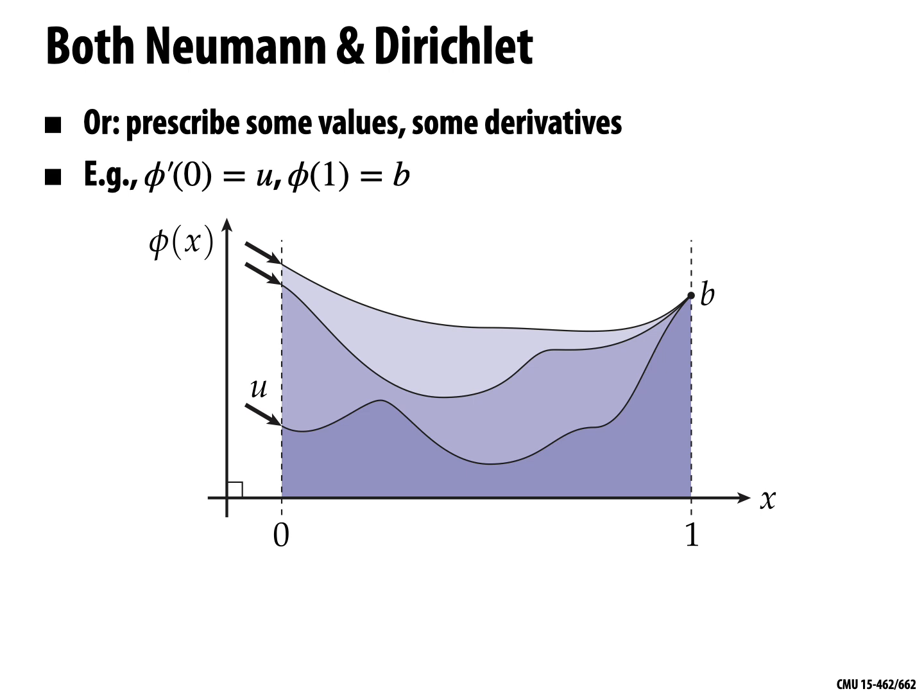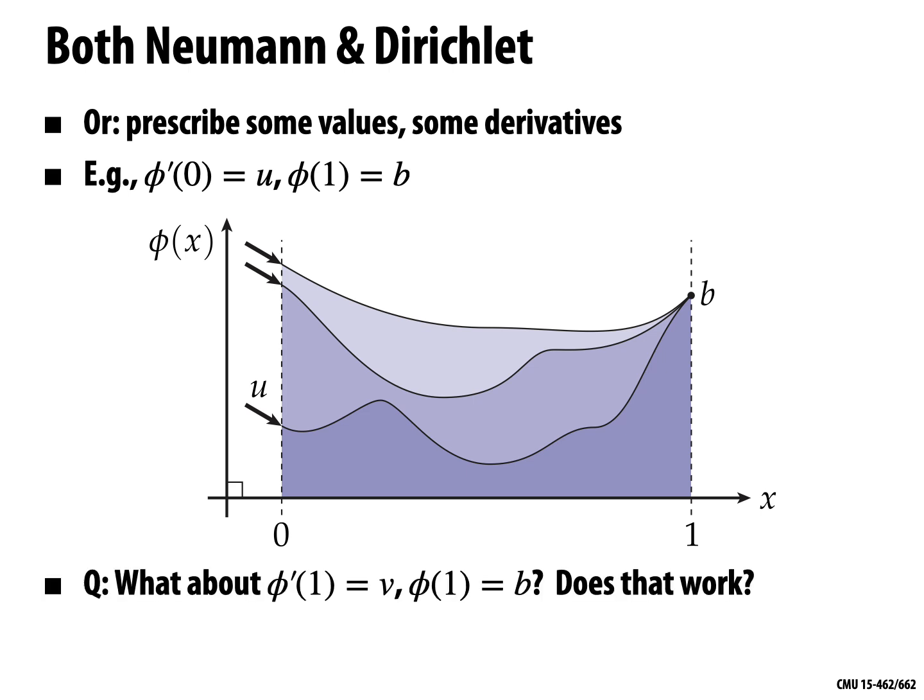Could I prescribe the derivative and the value at the same point? Right? Could I say the derivative of phi at 1 is v and the value of phi at 1 is b? Sure, why not? Right? For instance, I could take any function that satisfies the derivative condition and I could shift it up and down until it satisfies the value condition.